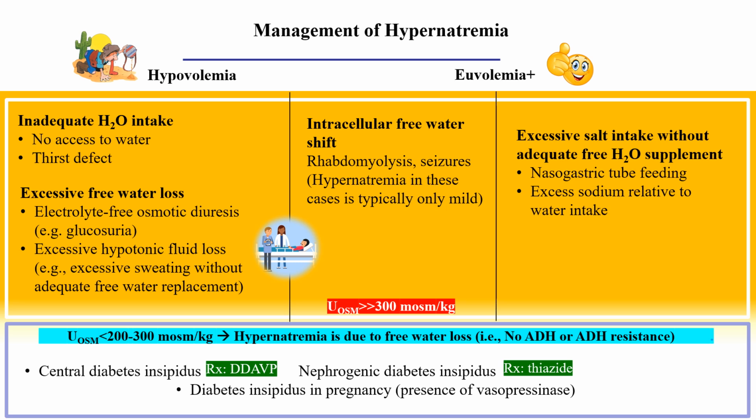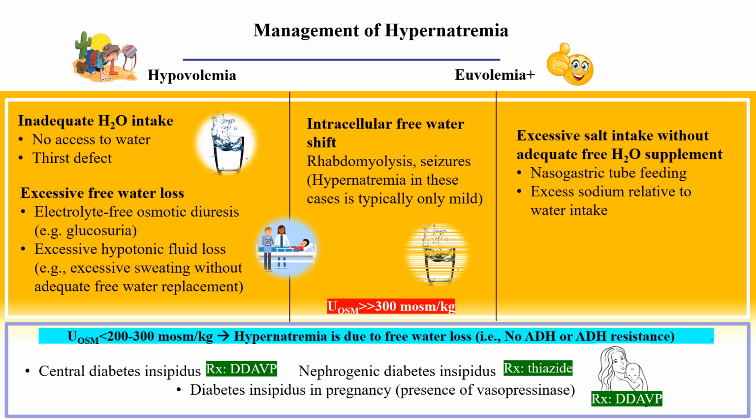For pregnant women with overproduction of vasopressinase from placenta, support with DDAVP until safe delivery of the baby. The problem will resolve following delivery of the baby and the placenta. Of course, in the meantime, all patients should receive free water to correct the present hypernatremia.